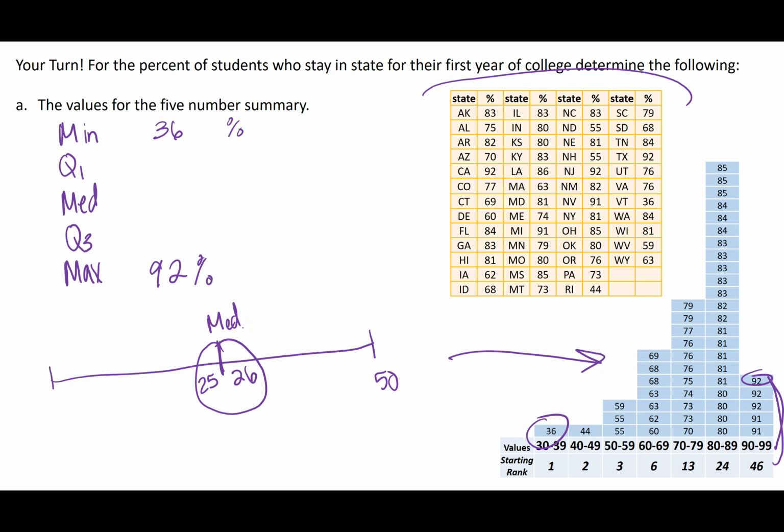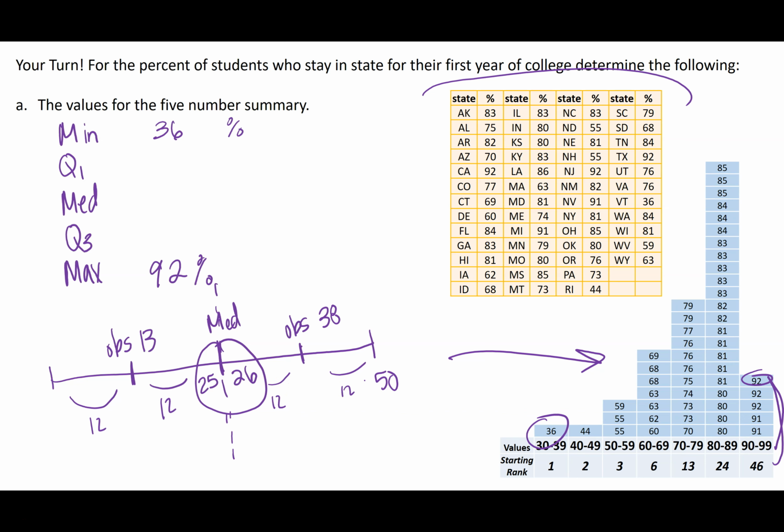If I have 25 on both sides and I want to find my quartiles, the quartiles will be the median of each half. So observation 13, because you'll have 12 and 12 on each side, as well as observation 38. You'll have 12 and 12 on each side.